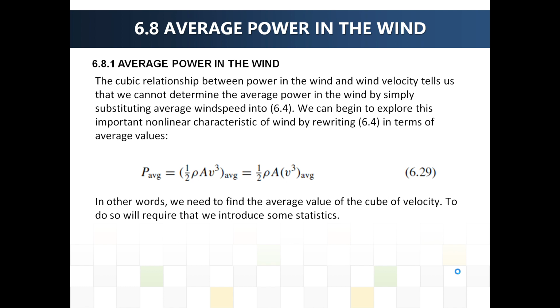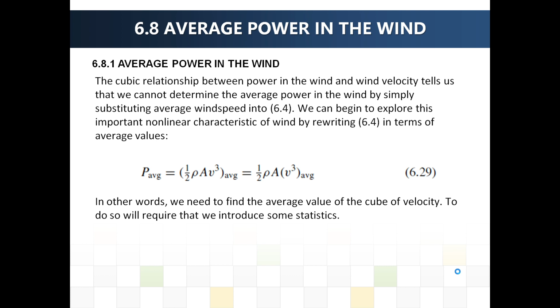We can begin to explore this important nonlinear characteristic of wind by rewriting 6.4 in terms of average values. The average power P average is equal to the average value of 1.5 rho A V cubed.